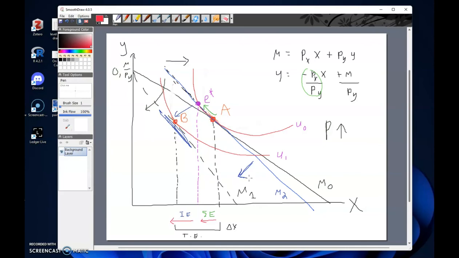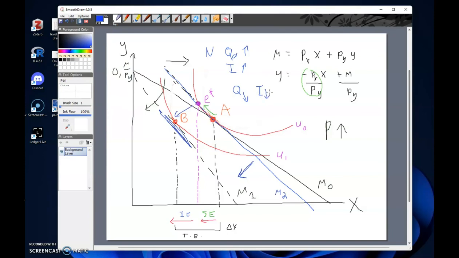Notice, let's see, what was my last question? Okay, is the good normal or inferior? Let's talk about a normal good versus an inferior good. For a normal good, the quantity demanded increases if your income increases, and the quantity demanded decreases if your income decreases.